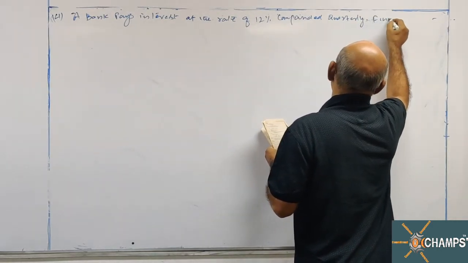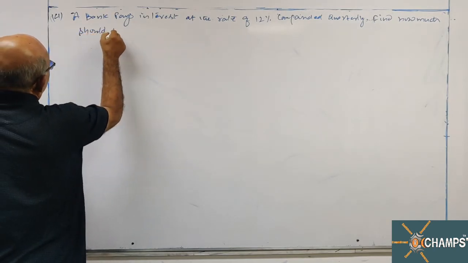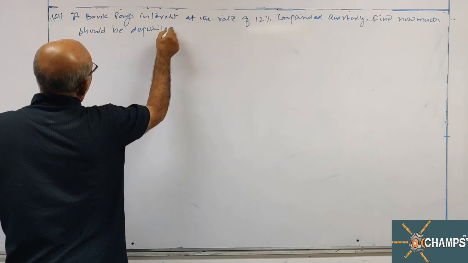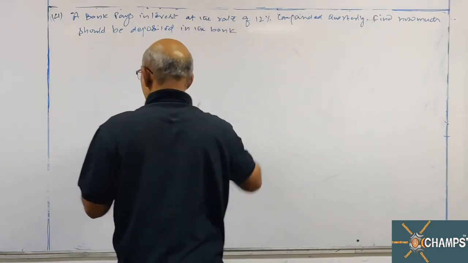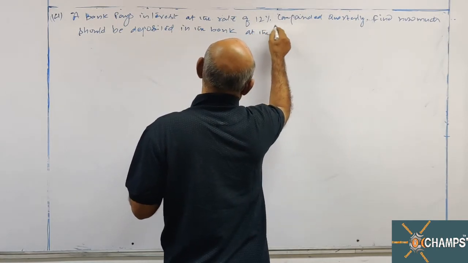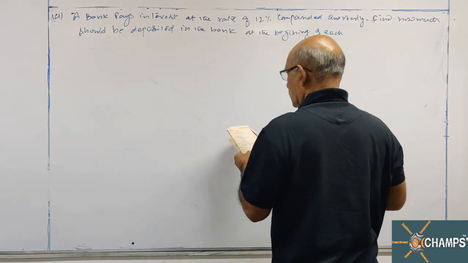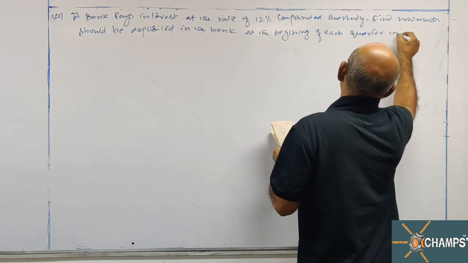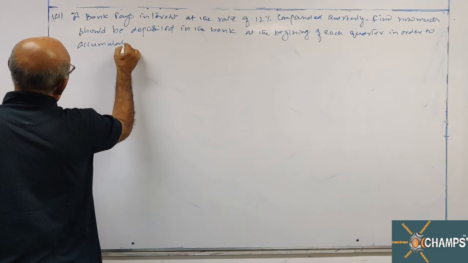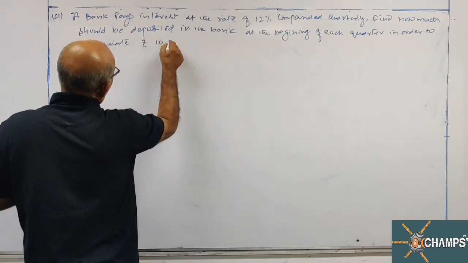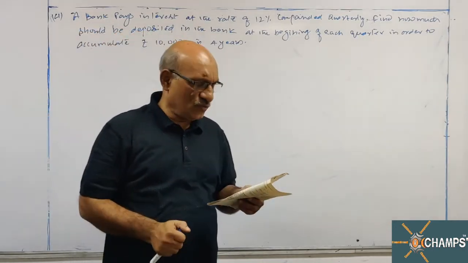Find how much should be deposited in the bank at the beginning of each quarter in order to accumulate rupees 10,000 in 4 years.